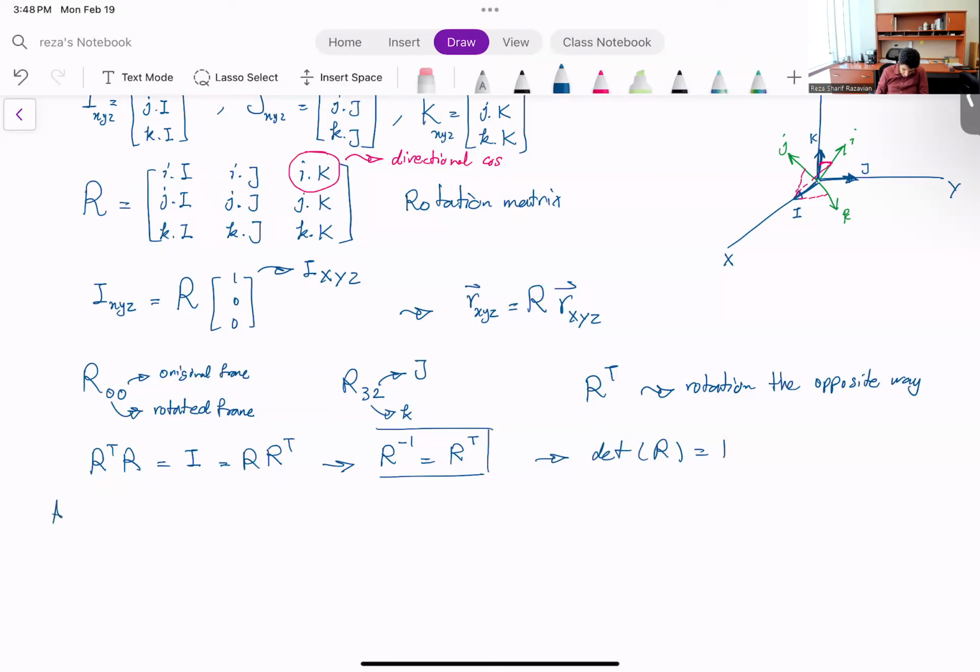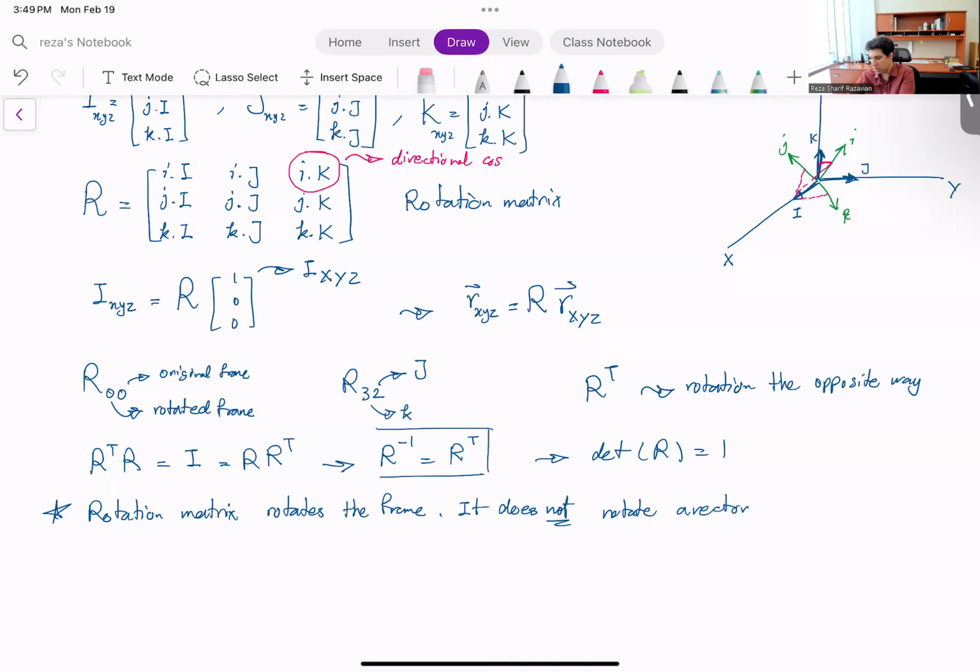The rotation matrix, the way we defined it here, rotates the frame. It does not rotate a vector.